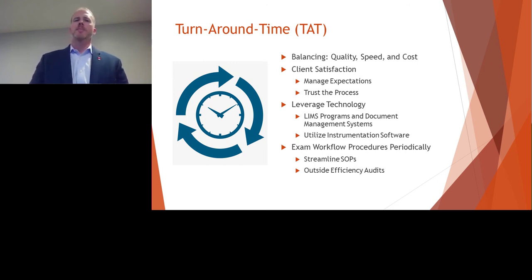There are a lot of different types of software out there that are hugely important, and they have a lot of power to help if you utilize them properly and understand the different components. We talked a little about a LIMS system, and I'll talk a little more about a document management system. Sometimes it can be one and the same, but a lot of times they're not. They may be two separate systems.